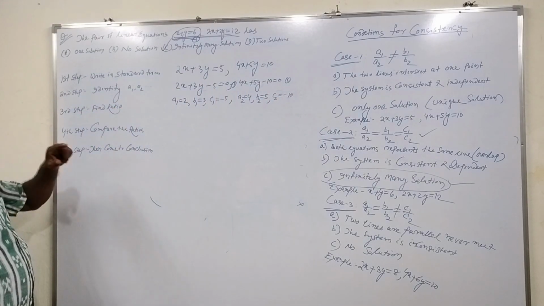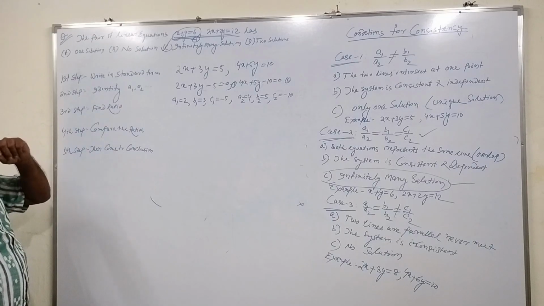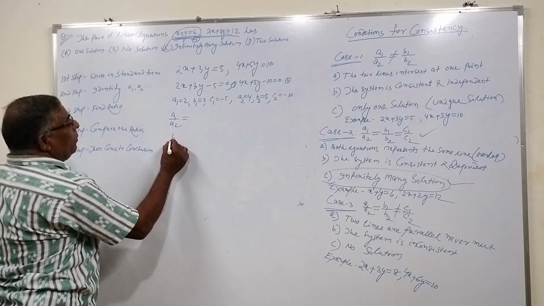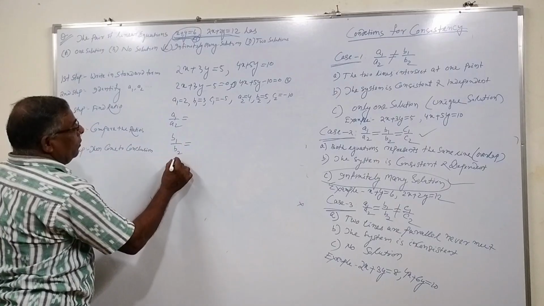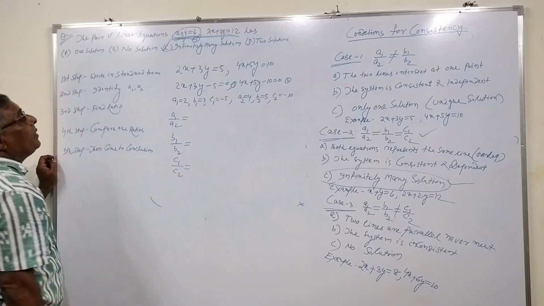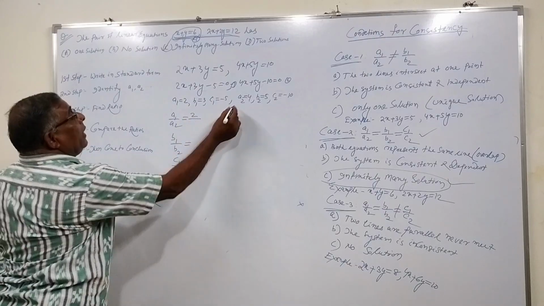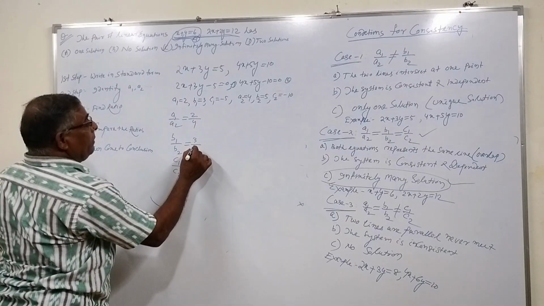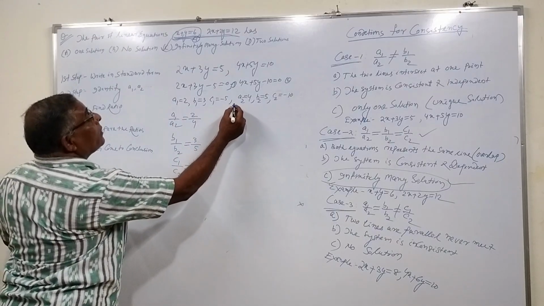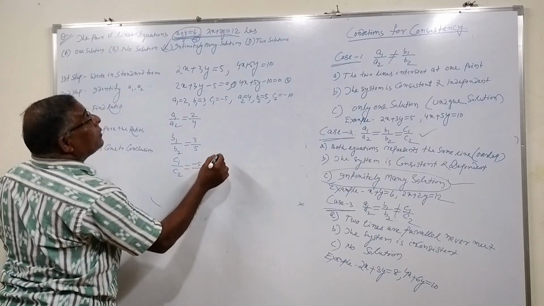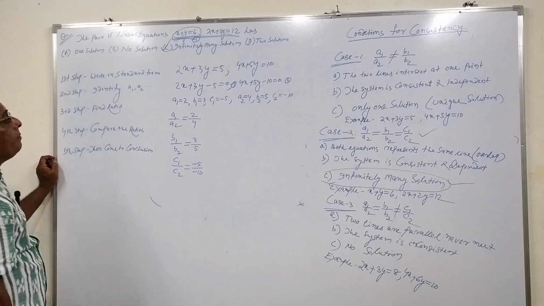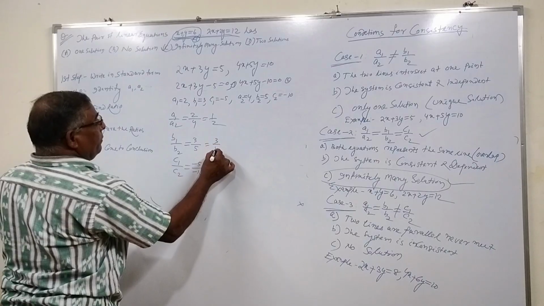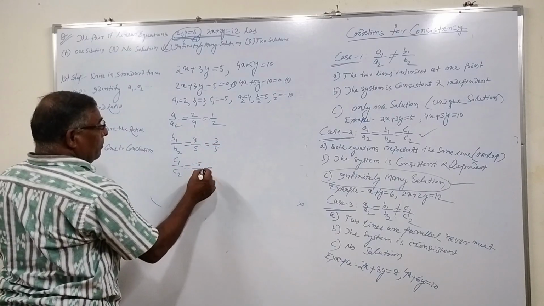Then the next step is to find the ratios A1 by A2, B1 by B2, C1 by C2. 2 by 4 is 1 by 2, 3 by 5, minus minus cancel, 5 by 10 is 1 by 2.